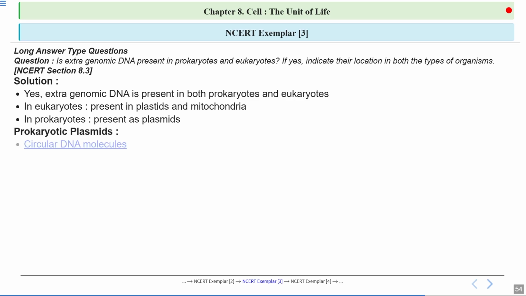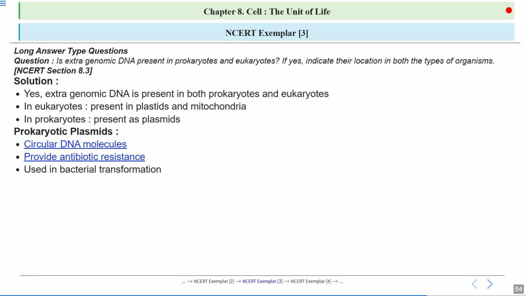Prokaryotic plasmids are circular DNA molecules. In these plasmids, some genes are also present, such as antibiotic resistance genes. These plasmids are used in bacterial transformation as well. A DNA fragment is inserted into these plasmids, which is known as cloning of the DNA fragment or cloning of the gene.